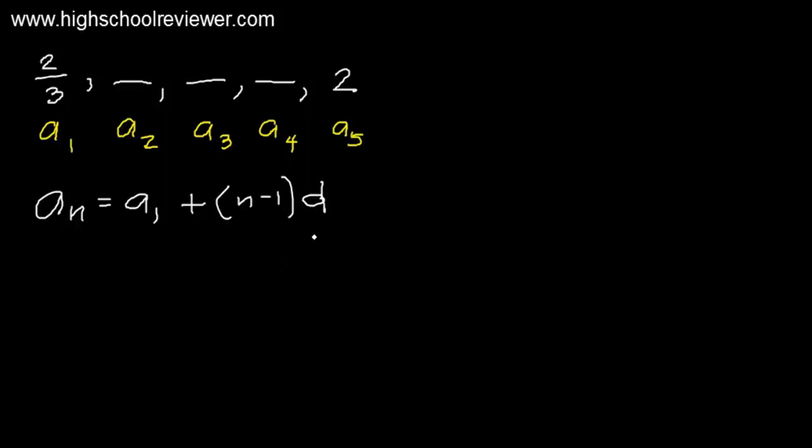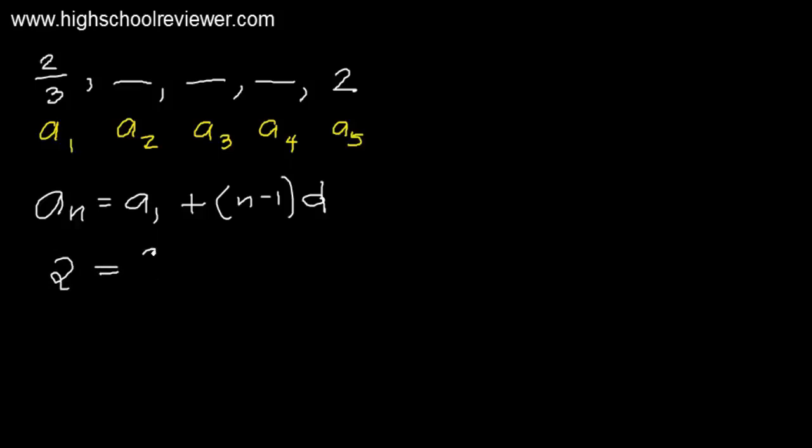So first, we need to find for the value of d, or the common difference. Okay, so we are going to use 2 or a sub 5. So our a sub 5 here, the value is positive 2. Okay, again, a sub 5 is positive 2, so this will be positive 2.